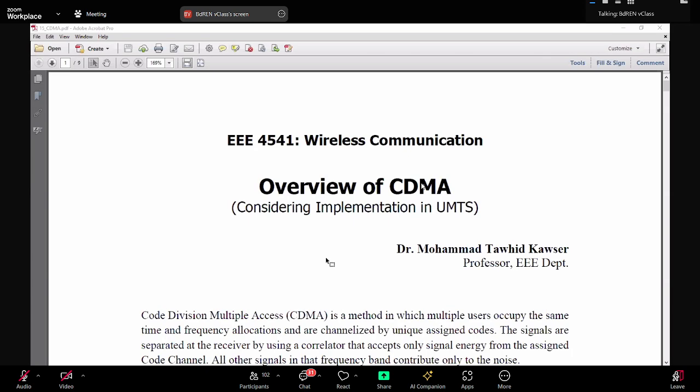Also, in the time domain, there will be no splitting. So everybody will be using the same bandwidth, the same frequencies at all times. Then how can it work? It should all interfere with each other, right? So how can it work then? This is amazing, but this is the reality.